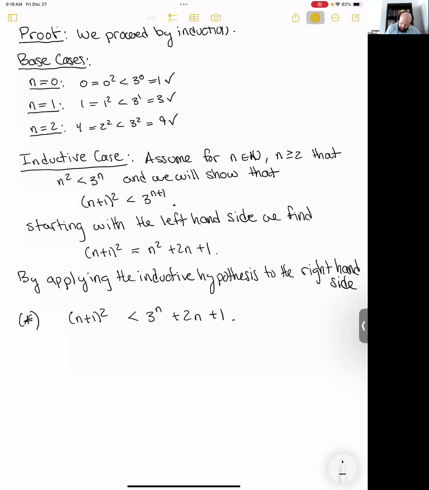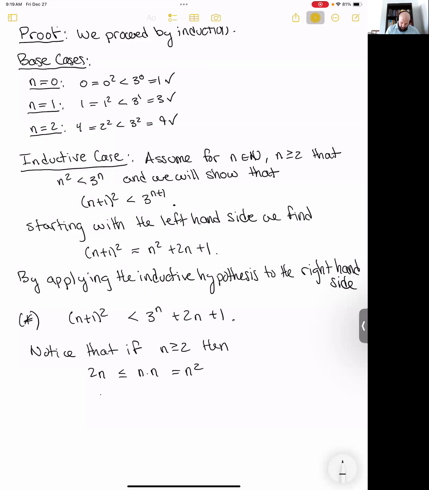So now notice that if n is bigger than or equal to 2, then 2n is less than n squared. So we're going to give a proof. We don't need induction actually, because if n is bigger than or equal to 2, then 2 is less than n, so 2n is less than n times n, which is just equal to n squared.